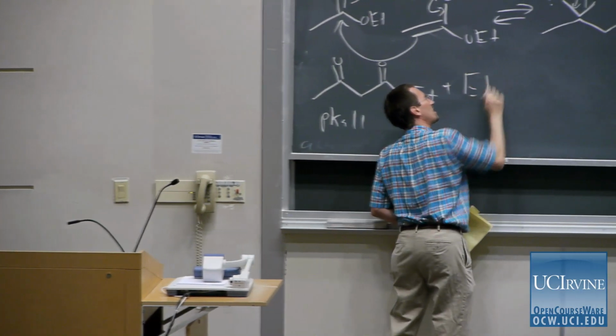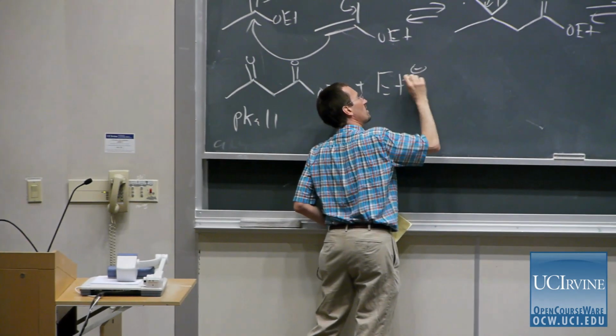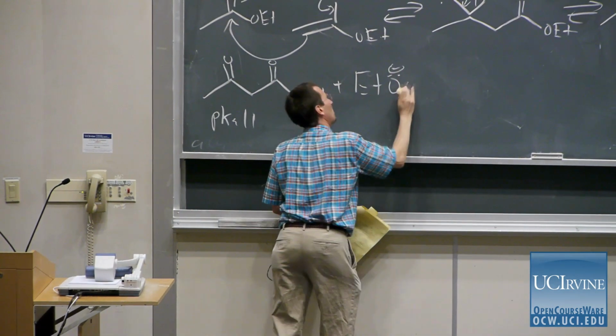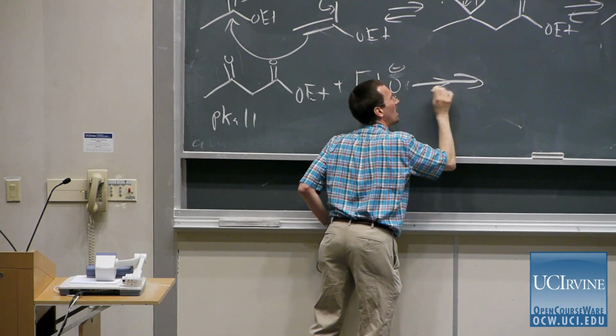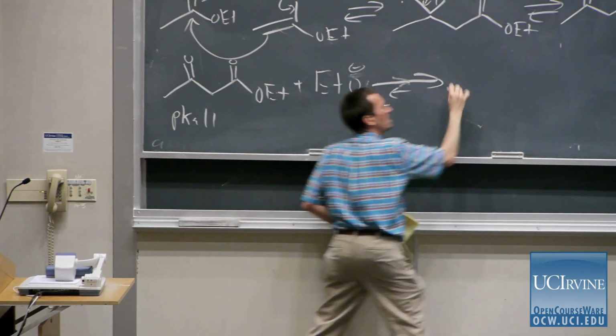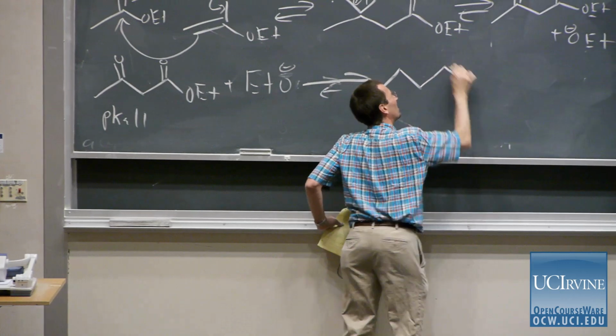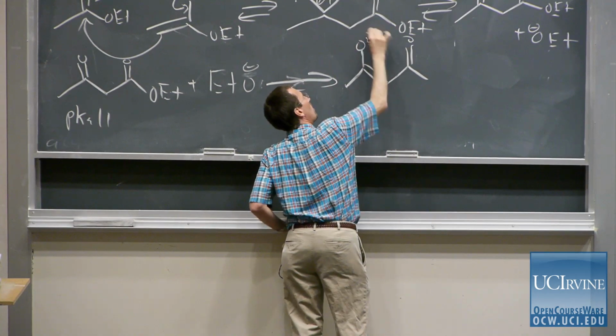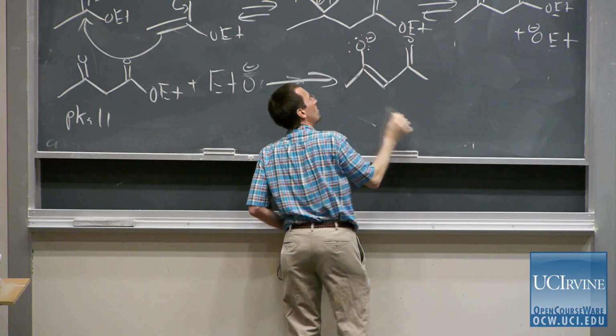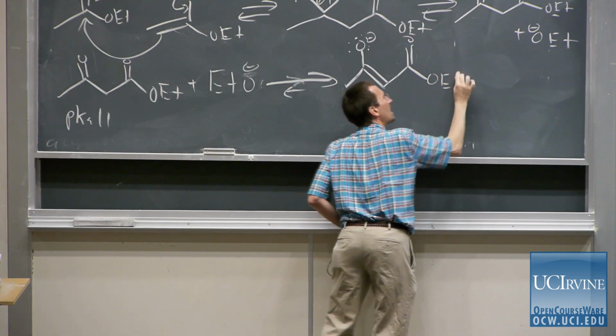And this is really the kicker in the chemistry. This is what drives this chemistry. I'm not going to write in lone pairs here. Our equilibrium lies now way to the right to give rise to your enolate. I'll write one resonance structure. If you prefer to write another one, you can.